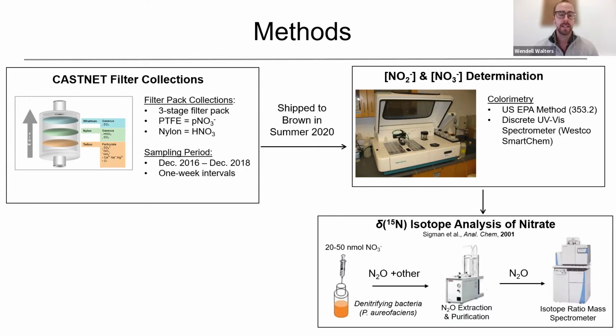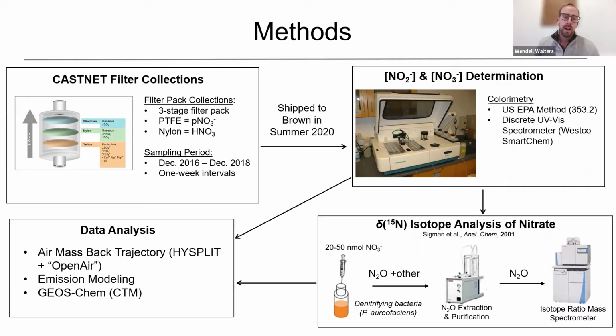We then conducted nitrogen isotope analysis of monthly volume-weighted samples using the well-established denitrifier method coupled to an isotope ratio mass spectrometer. And then we combined our concentration and isotope data for further data analysis, including air mass back trajectory calculations, NOx emission modeling, as well as comparing our results to the 3D atmospheric chemistry and transport model, for which we use GEOS-Chem in this study.